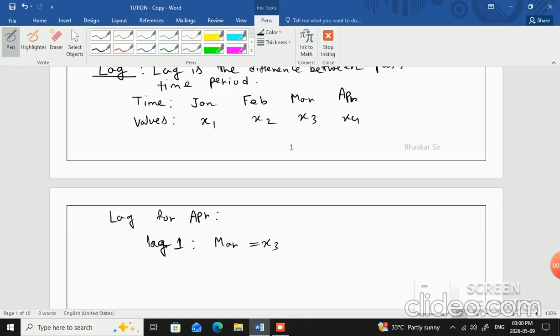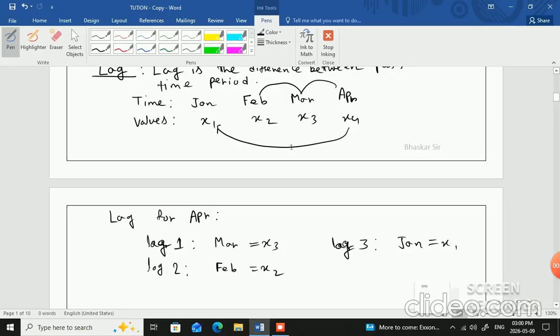Lag 2 is the difference of two time periods: April to March, and secondly March to February. So the lag 2 for April is February, x2. Lag 3 is January, x1, because April to the previous 3 time periods is January. So this is the lag.